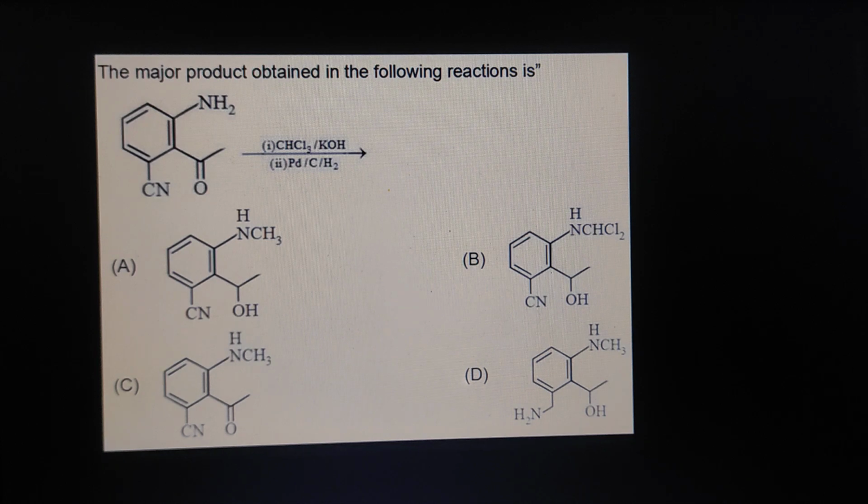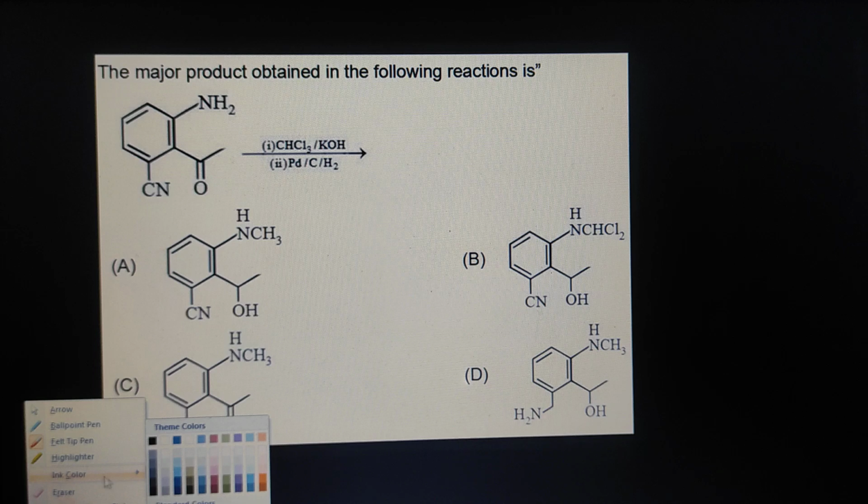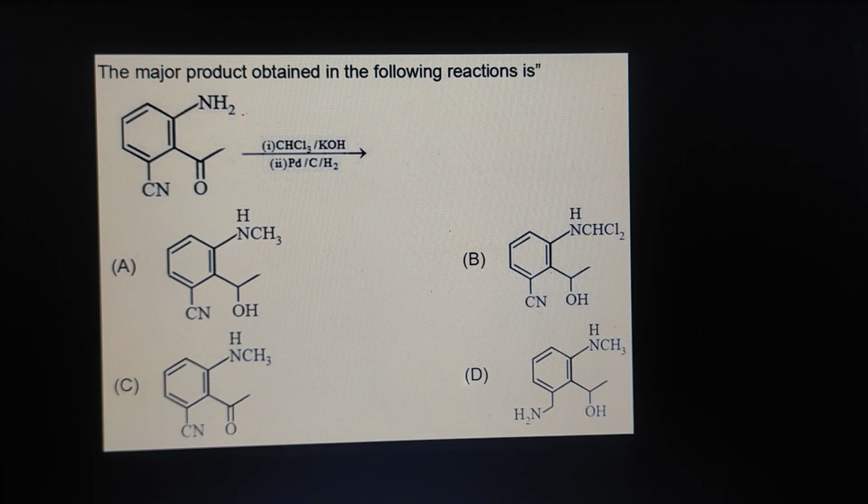Okay. The next question: the major product obtained in the following reaction is. In this question, there is given one amine, and it is a 1 degree amine, and the reagent is chloroform KOH. The first step is chloroform KOH. That means it is a carbylamine reaction.